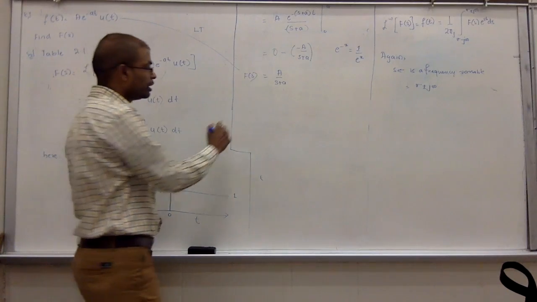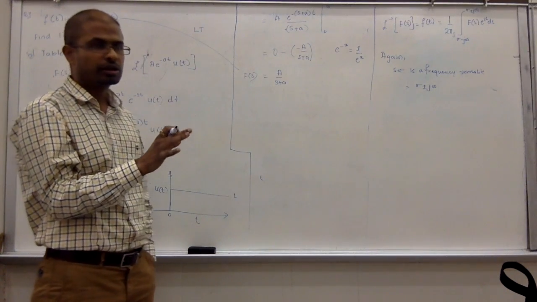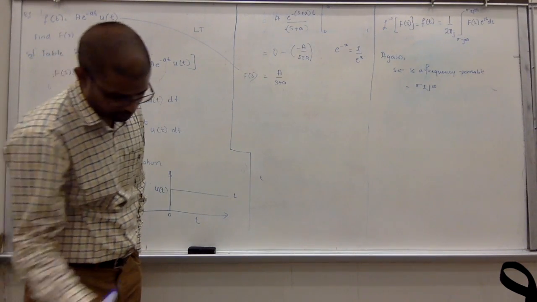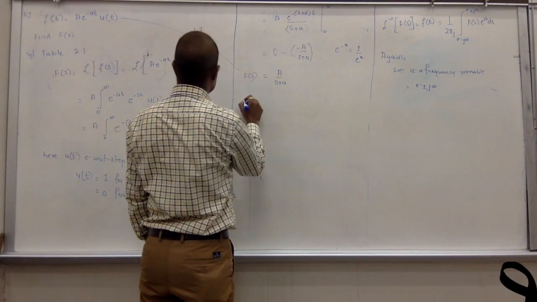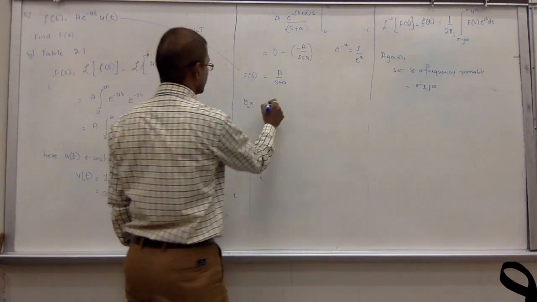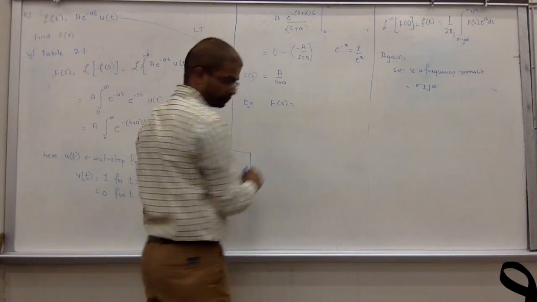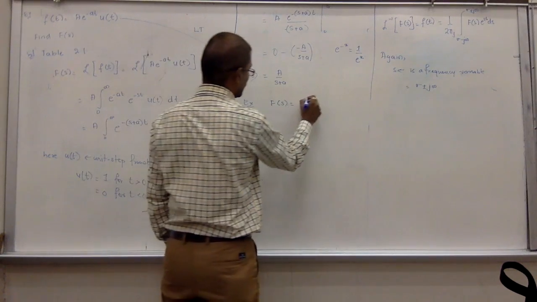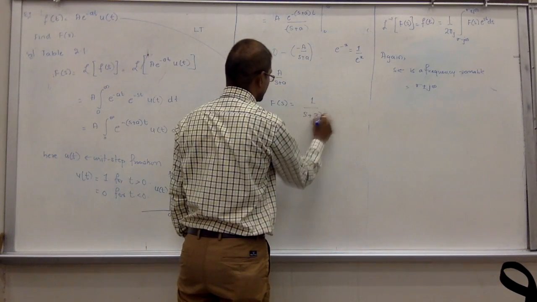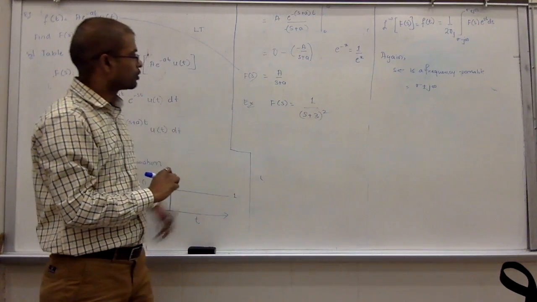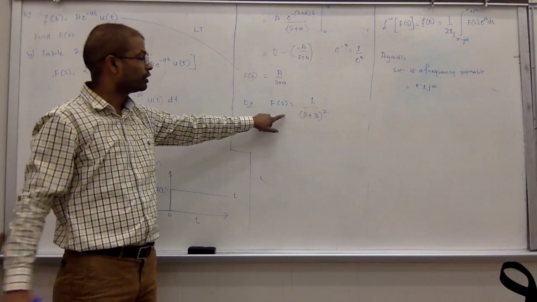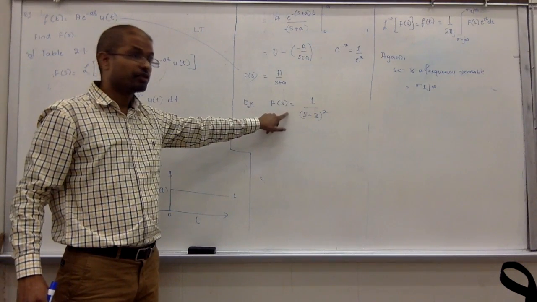Similarly, there will be an inverse Laplace transform. Just give me a couple of minutes, we'll finish off. Say F of s is equal to 1 over (s plus 3) squared. Everything here will be in terms of s.